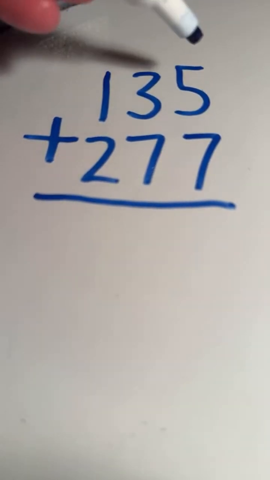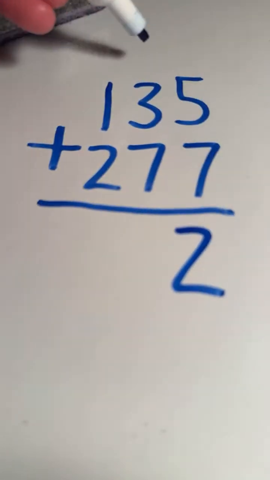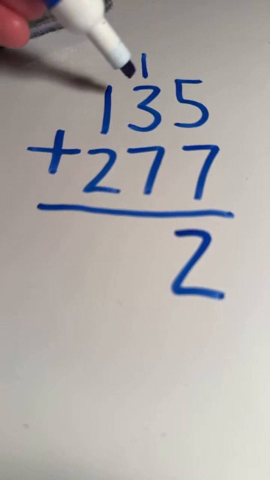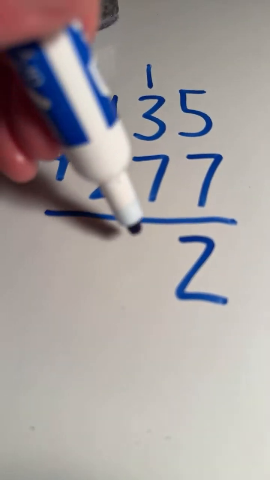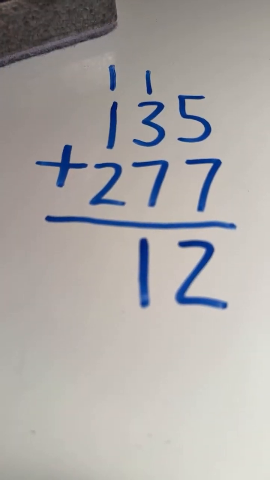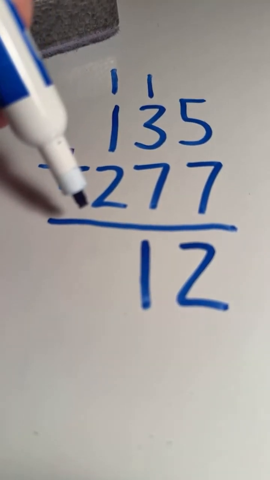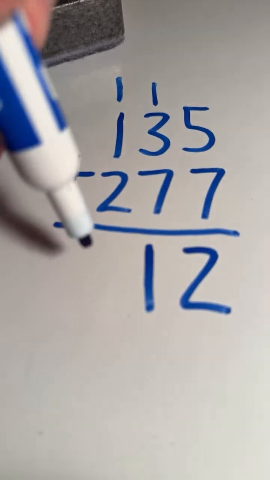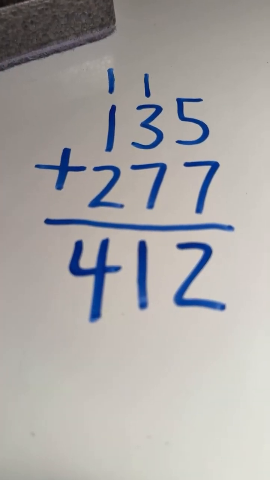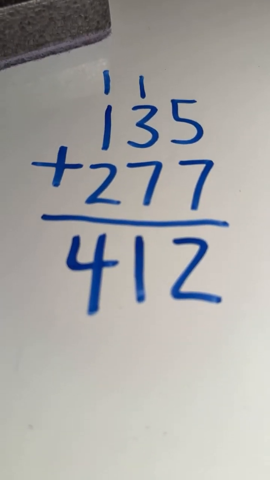So starting in the ones place, we always start in the ones place. 5 plus 7 equals 12. 2 carry the 1. 3 plus 7 equals 10, plus 1 equals 11. 1 carry the 1. 1 plus 2 equals 3, plus the 1 that we carried over makes it 4. And we have our final answer, 135 plus 277 equals 412.